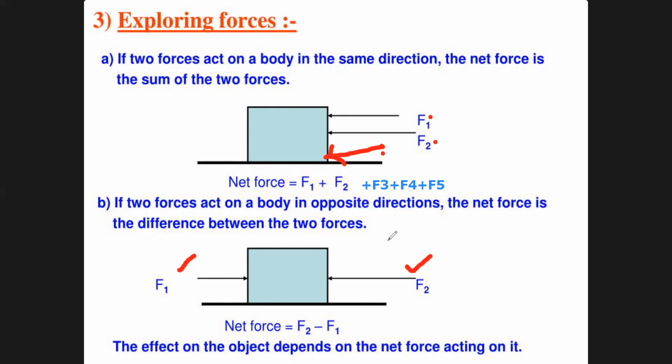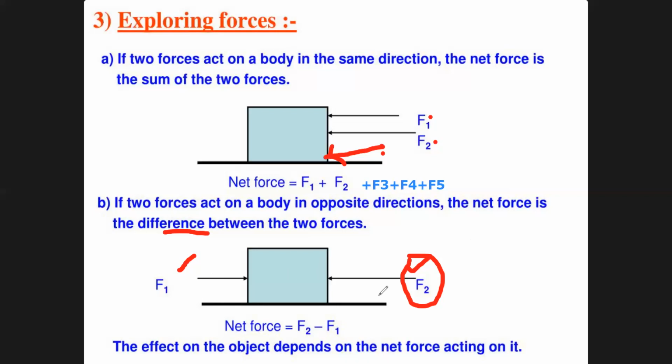In these cases, we find the net force by subtracting them, taking the difference between them. If F2 has the higher magnitude, we take F2 minus F1. If F1 has the higher magnitude, we write F1 minus F2.